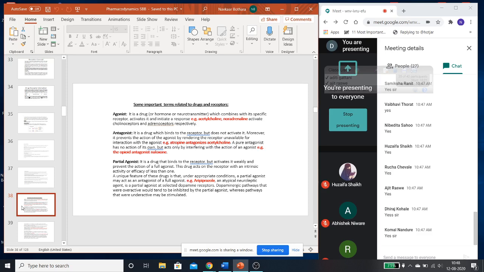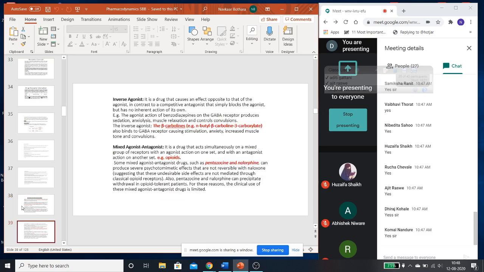What they are, how they cause effects, what the principles are; you can write anything about the agonist. Similarly for the antagonist, which we have seen in detail. Now you have seen the partial agonist and the inverse agonist.